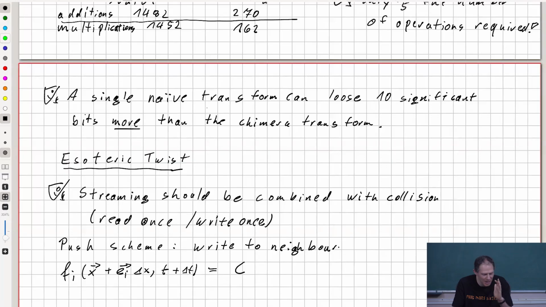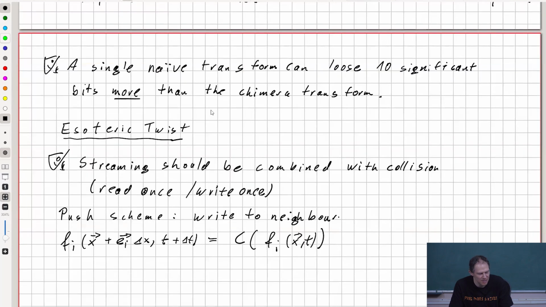I'm not completely sure how I should write this, so I put a C. This is the outcome of the collision applied to f_i that we read from the current location in the current time step, right? So we take f_i, apply the collision, and then we move this to the neighbor. This is the way we implemented this.